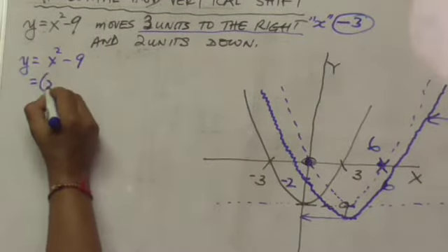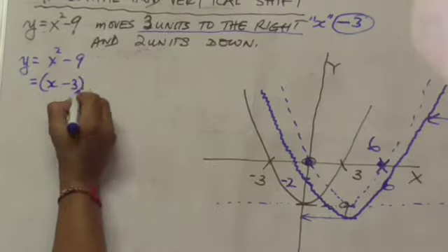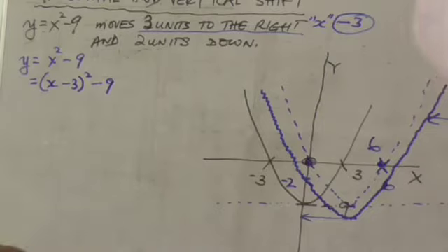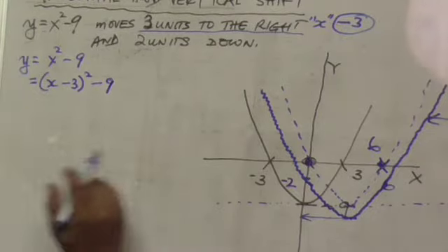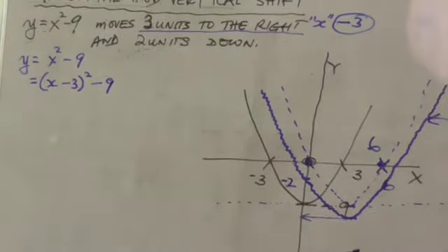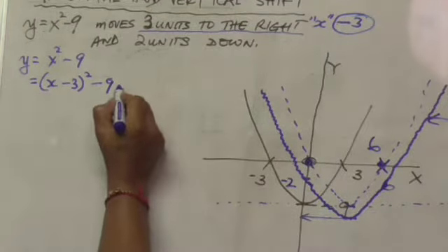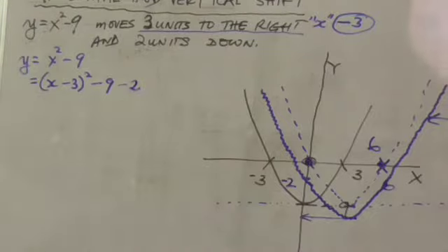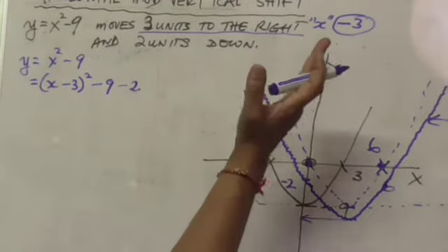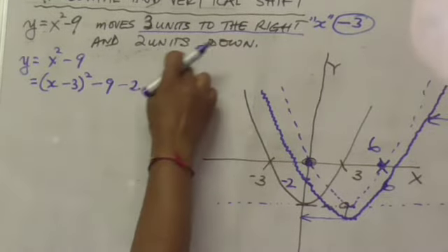So this will be x minus 3 squared minus 9. Now, because it moved down 2 units, that will affect the y-intercept. So it will be minus 2. So this is for moving right and this is for moving down.